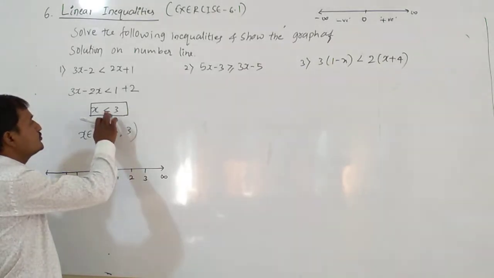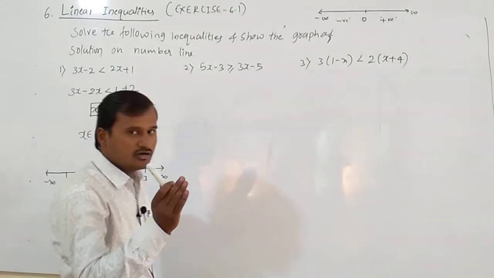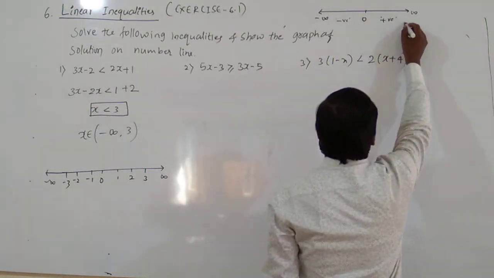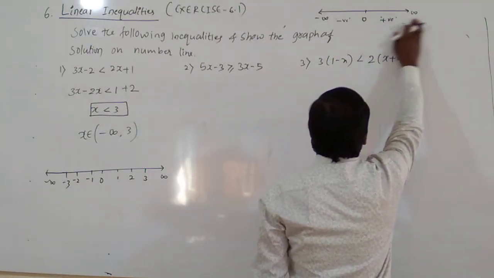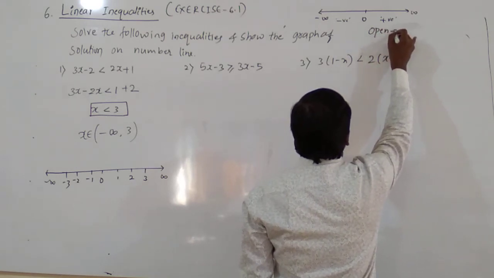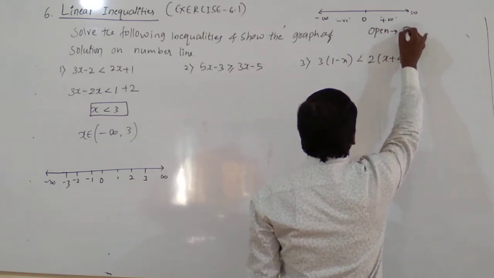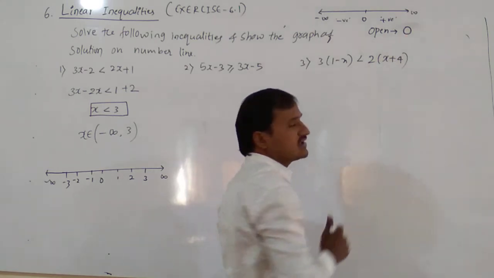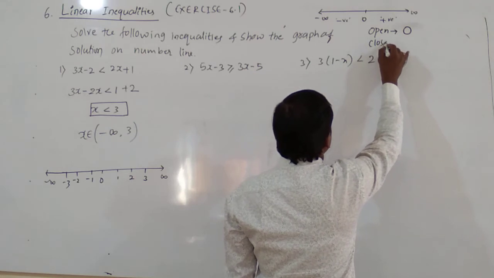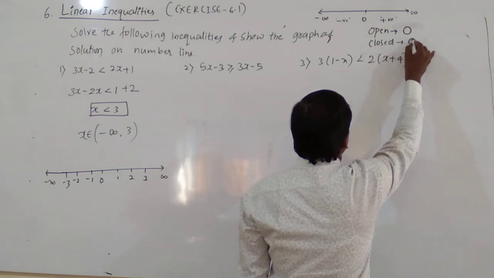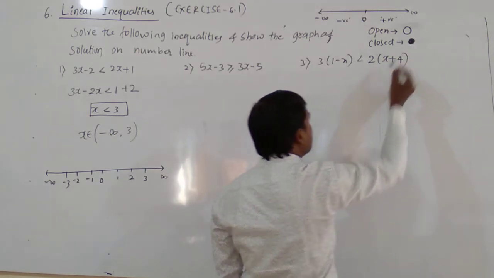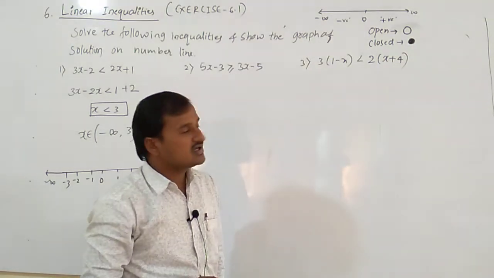If you want to show the graph on a number line and it is an open interval, then we have to take an open circle. If it is closed, then we have to make this circle dark.